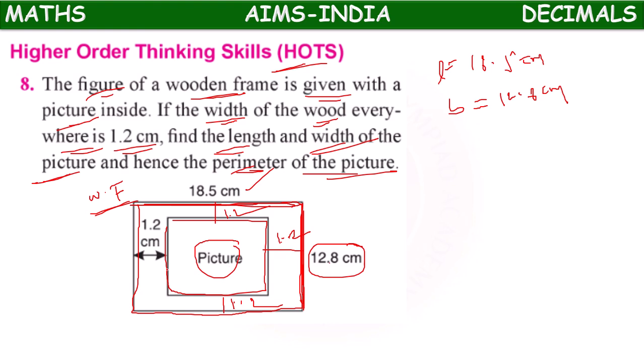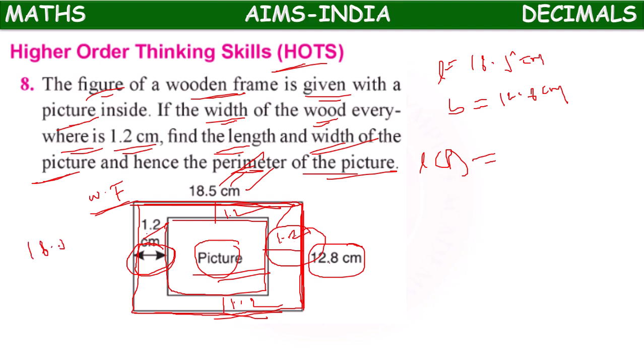So what happens to picture length? This side wood portion we have to remove. This side wood portion we have to remove. From the wooden frame length, if we remove 1.2 two times, then we will get picture length. So from 18.5, 1.2 two times, how much? 2.4.